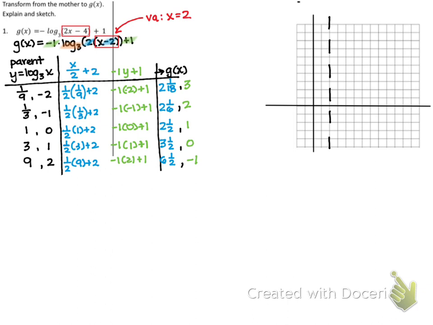Well, let's do 2.5, comma 1 first. And then 3.5, comma 0. And then 6.5, comma -1. I think it might be too tight of a fit for me to try to put the other ones on there without hitting the vertical asymptote. So I'm just going to go ahead and give it a sketch.